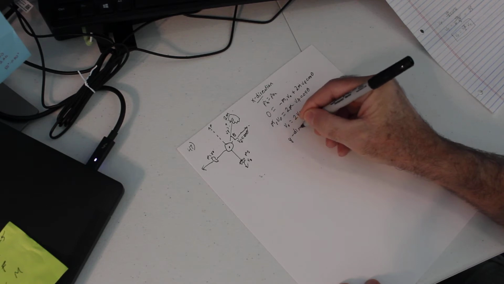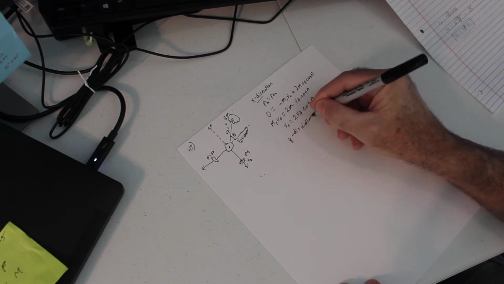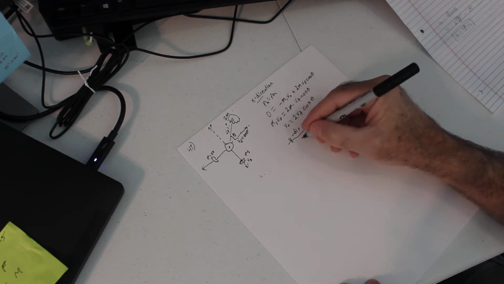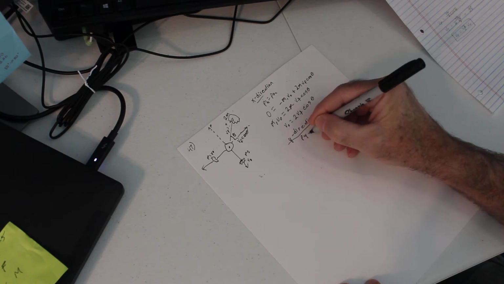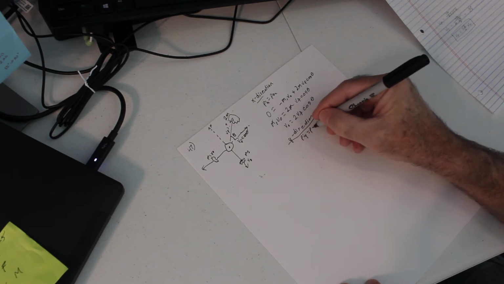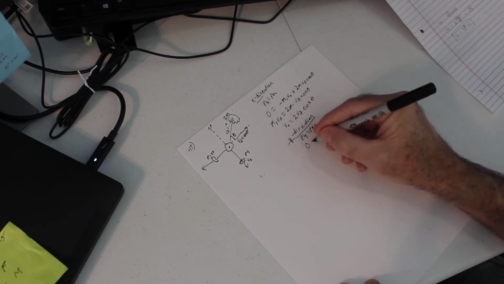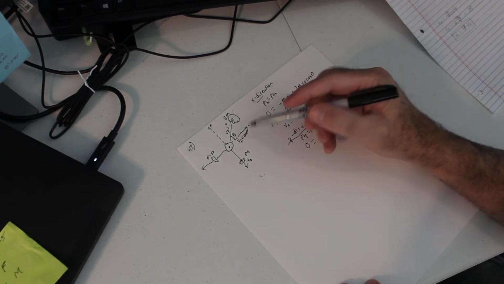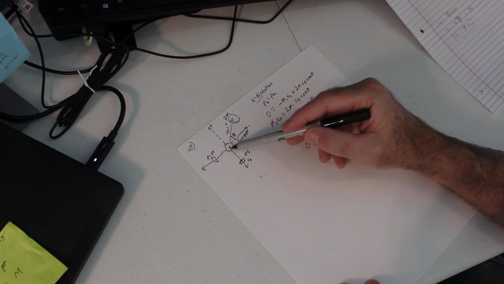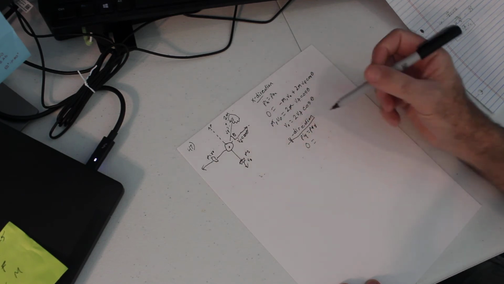So in the y direction, we're going to say that initial momentum in the y direction is equal to final momentum in the y direction. Again, this is still 0, but particle 1 has no momentum, it's just particle 2.